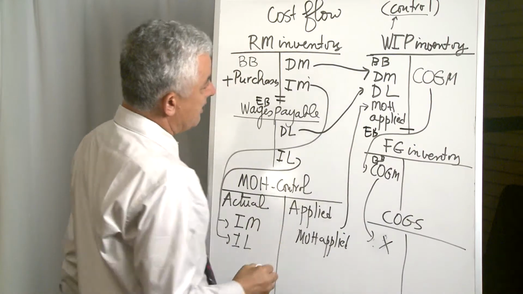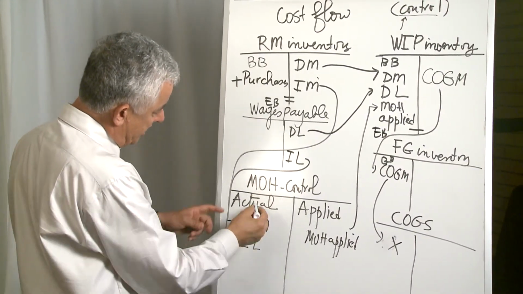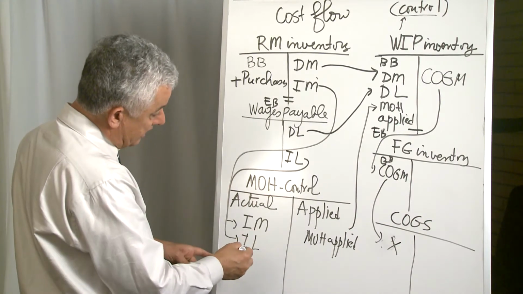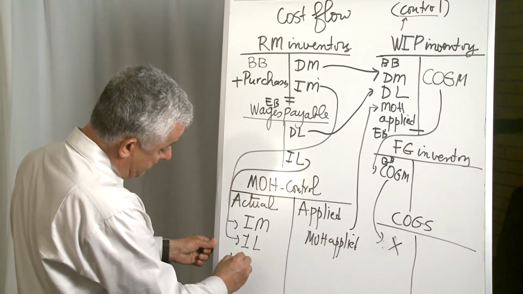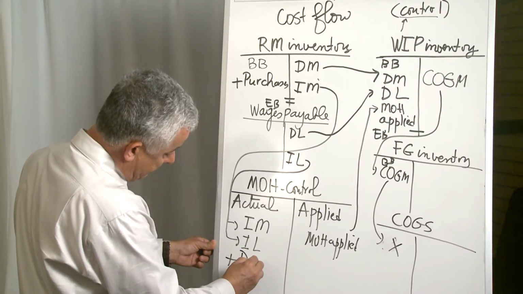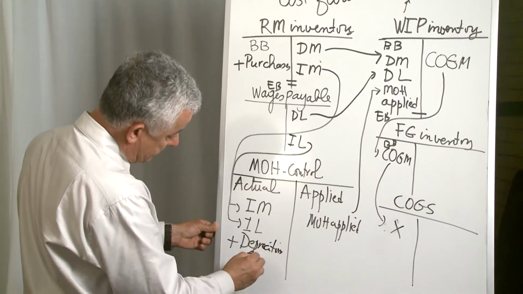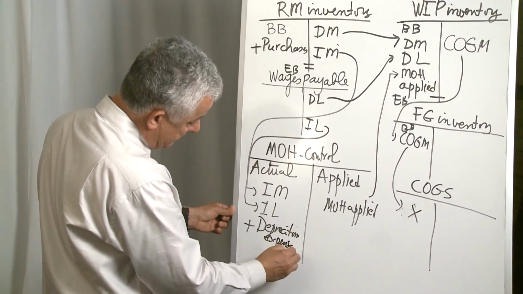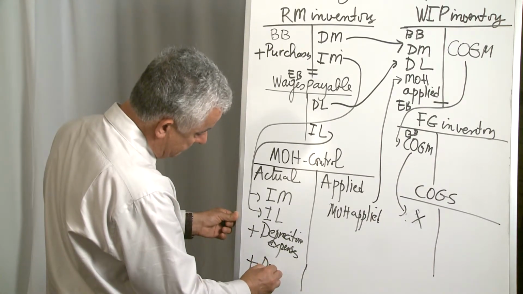Now, as I said, at the end of the period, we have manufacturing overhead control here. The actual, in addition to indirect material and indirect labor, you have other expenses incurred, depreciation expense, for example, and the rent of the factory.